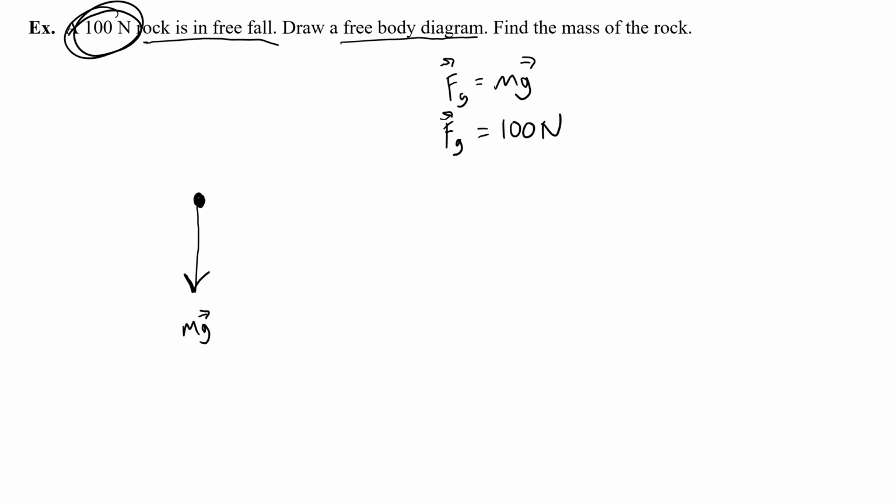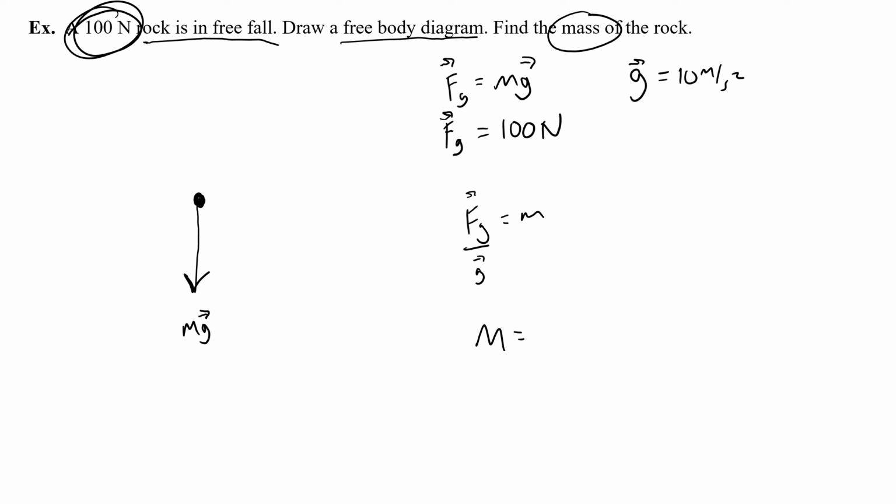Okay, if I want to find the mass of the rock, then what I need to do is take my equation, Fg equals mg, force of gravity equals mass times acceleration due to gravity, and get mass by itself. To do that, I divide both sides by g, the acceleration due to gravity. And then I remember that g for us is going to be 10 meters per second squared to make these problems easier.